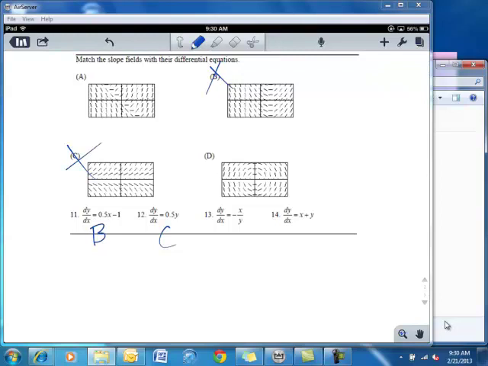On A, yeah. I think that it's X plus Y because when you have 1 and negative 1, that equals 0, which would mean it would be 1 minus 1 in that equation. And if you have 2 and negative 2, that equals 0.